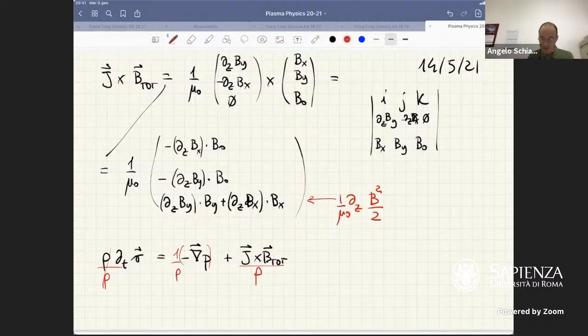So, we can write it as minus, what, if you remember, B squared over 2 mu 0 is the magnetic pressure of the fluid, the magnetic pressure in the MHD equation.